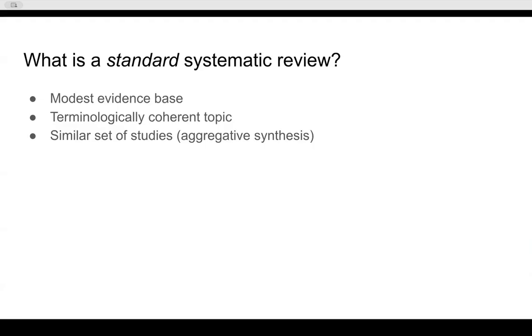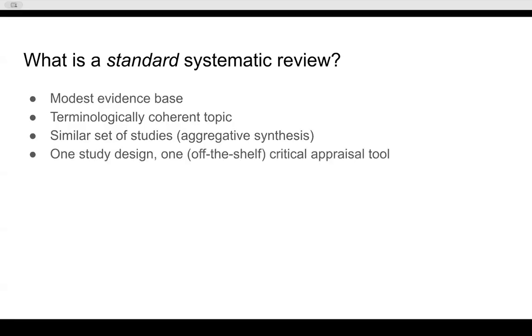So standard reviews have historically primarily just been focused on aggregating similar studies. Probably in these kind of reviews, you'd have one or maybe two very similar study designs. And as a result, if you're doing critical appraisal of study validity, you'd have one off-the-shelf critical appraisal tool that's, for example, designed for randomized control trials and has been tried and tested.